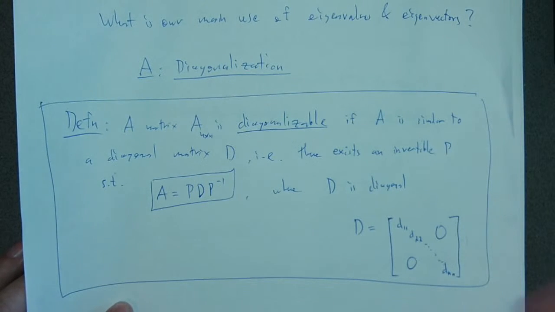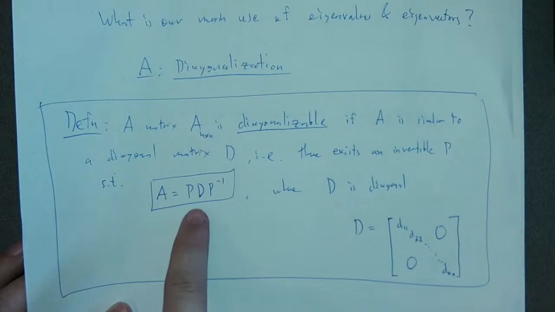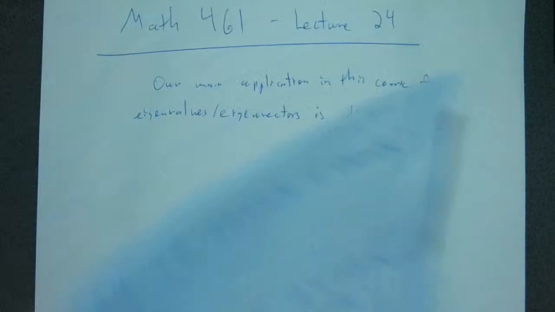The idea here being that, typically, you have a bunch of non-zero things on the diagonal and zeros everywhere else. So anyway, if A is similar to a diagonal matrix D, then there exists an invertible P such that A is P D P inverse. This is what it means for A to be diagonalizable.